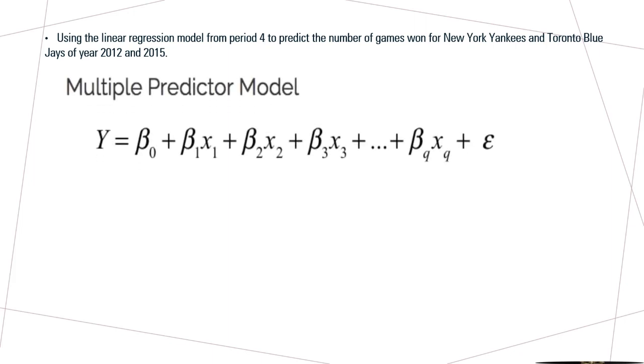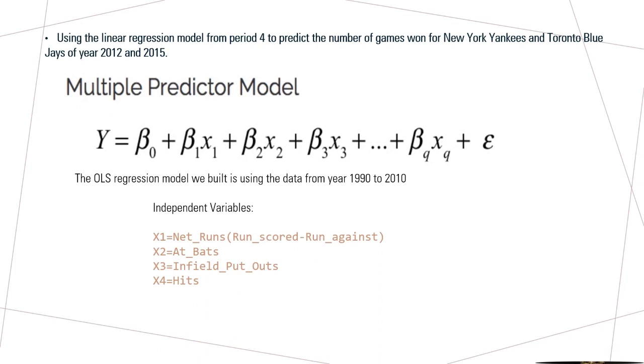This slide is the multilinear regression model that we are using. From previous sections, we see that the combination of defensive and offensive variables produces a better model. Therefore, we chose 4 variables from both sides. Y is games won, which is what we are predicting.